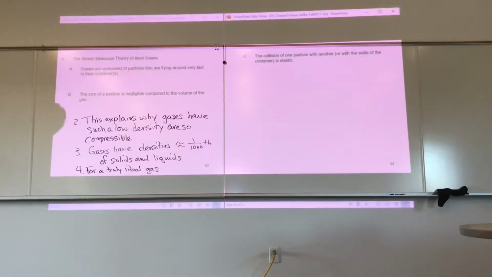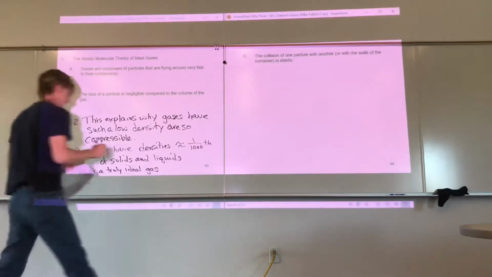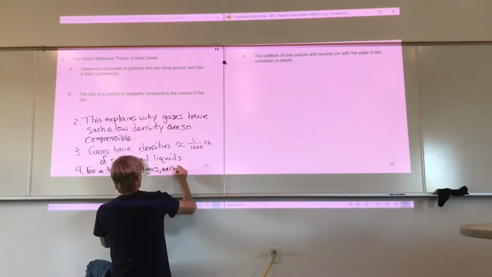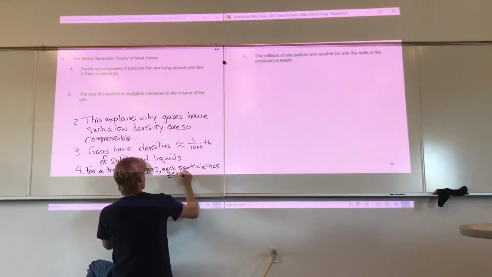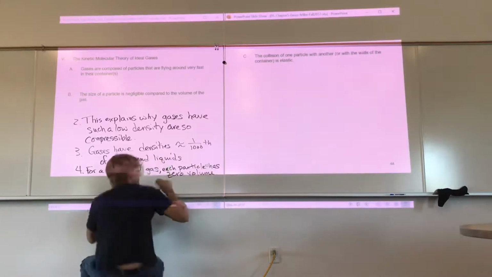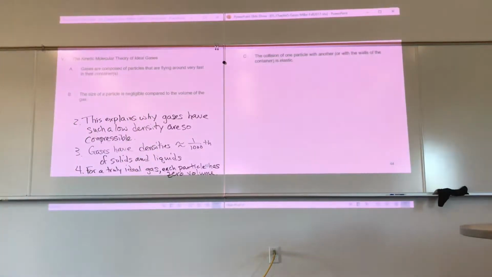And that limit includes the fact that for a truly ideal gas, each particle has 0 volume. And therefore, the gas particles in a container take up 0% in that analogy. And of course, we know that that's not true, but we also could guess that that's pretty close to true. Okay. So we know that the volume that's open is 99.99%.